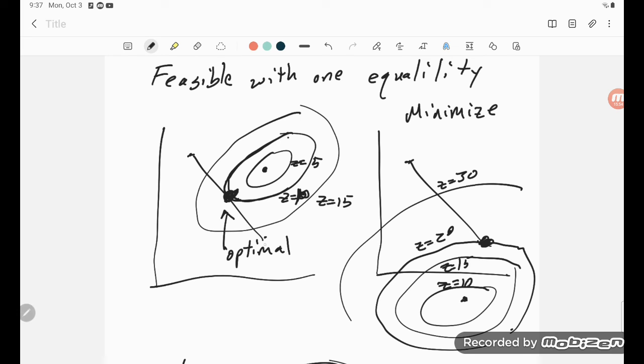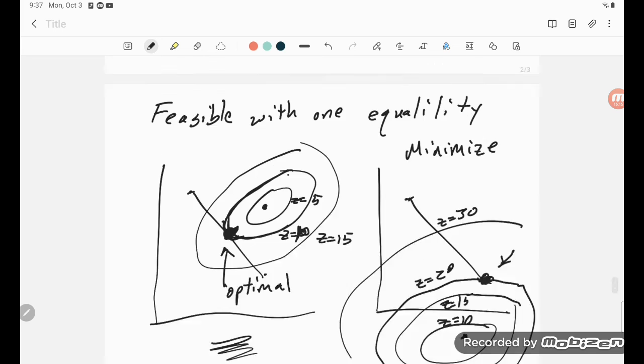So here, if we have a case like this on the left, our optimal ended up being, that last place it could touch, if we were minimizing, was somewhere in the middle here. Whereas this case on the right, the last place it could touch was at an endpoint.